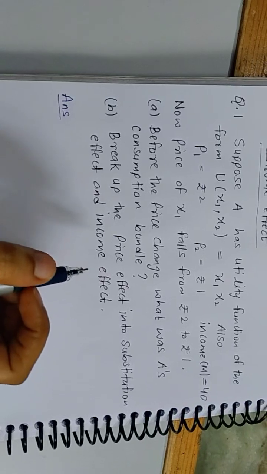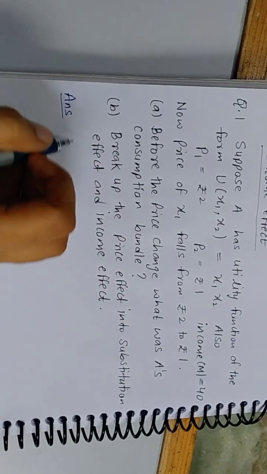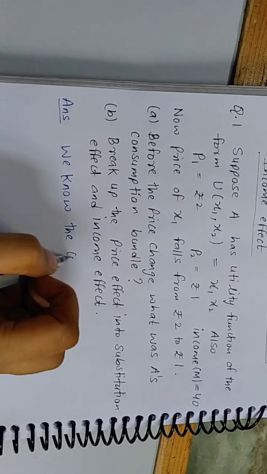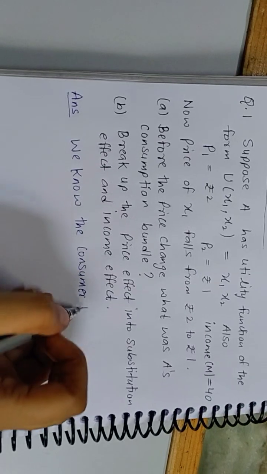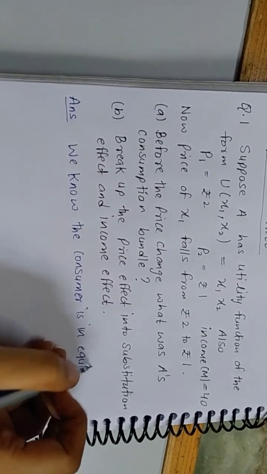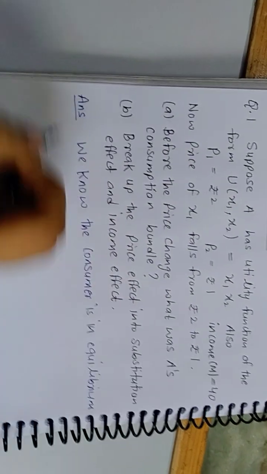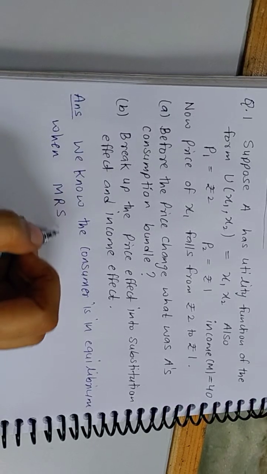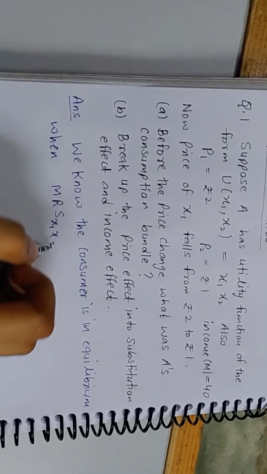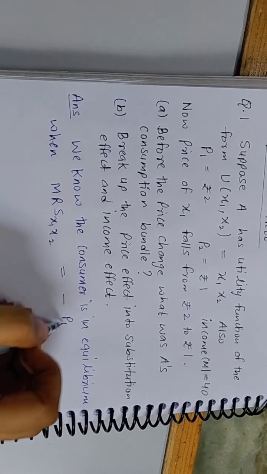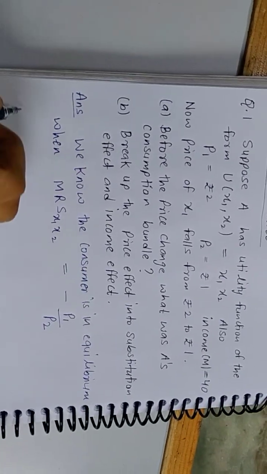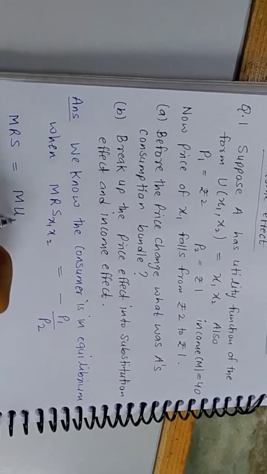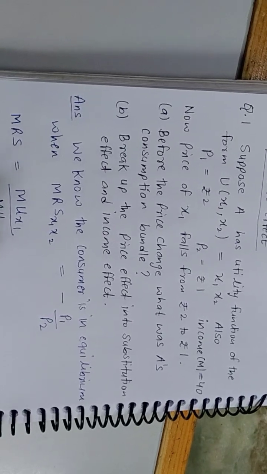There are two methods to find the demand for good X. We know that the consumer is in equilibrium when the marginal rate of substitution between the two goods is equal to the slope of the budget line, where MRS is the marginal utility of good 1 upon the marginal utility of good 2.